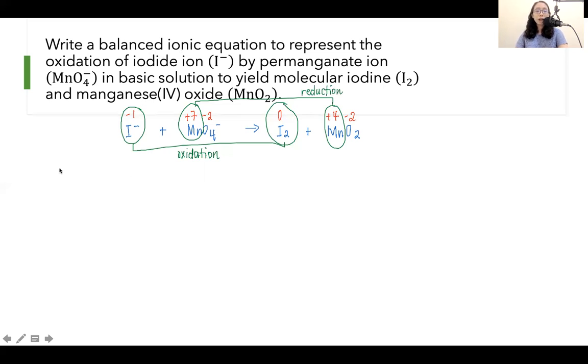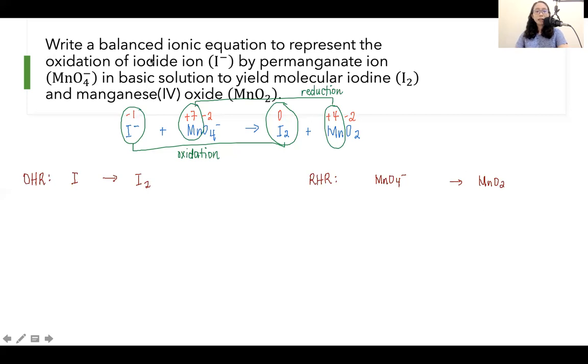So we can now write our oxidation half reaction. We have iodide forming molecular iodine. And our reduction half reaction, we have permanganate forming manganese 4 oxide.